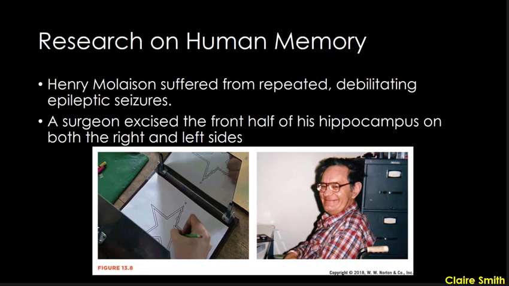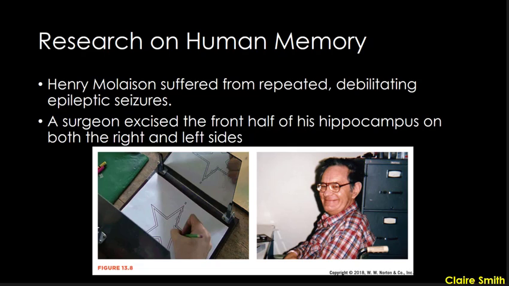And most of the information we have now about human memory, we learned from HM. So before this case study, before HM had this procedure done, not a lot was known about different types of memory. This class, obviously, we're not learning about memory, but we have declarative and non-declarative, implicit, explicit memories, procedural memories, all the different types of memory.